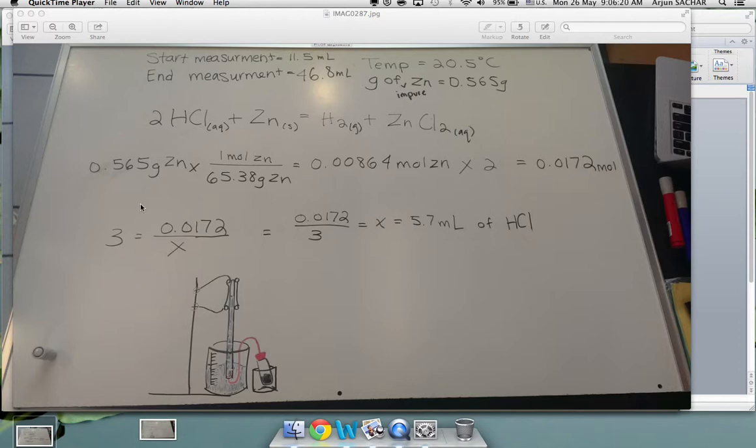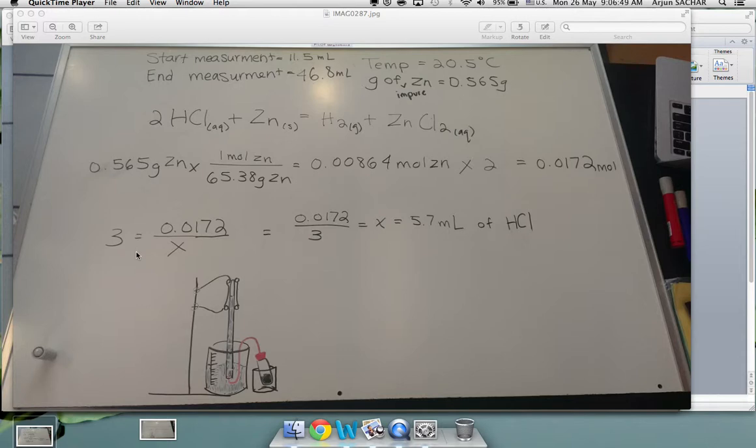And right here we have those calculations. We're just figuring out how many moles of zinc we have. So we have 0.00864 moles of zinc. And since it's a 2-to-1 ratio between the HCl and the zinc, we multiplied that by 2 to find the moles of HCl, 0.0172 moles of HCl. And Mr. Angelo, our teacher, told us that the HCl had a 3.00 molarity.